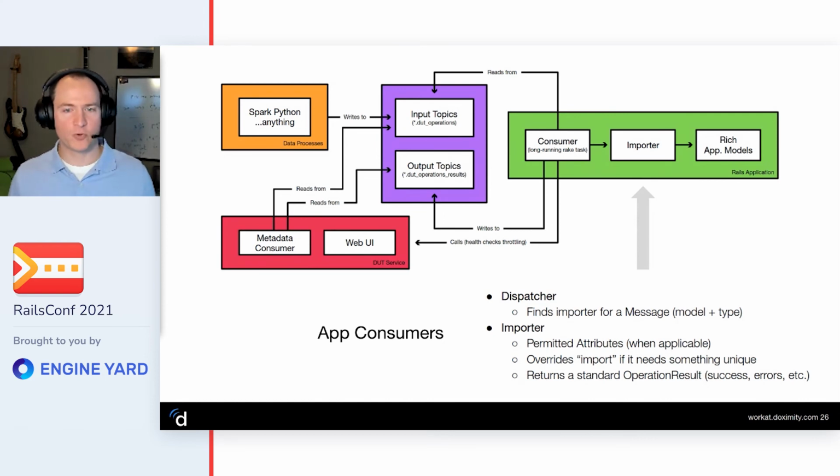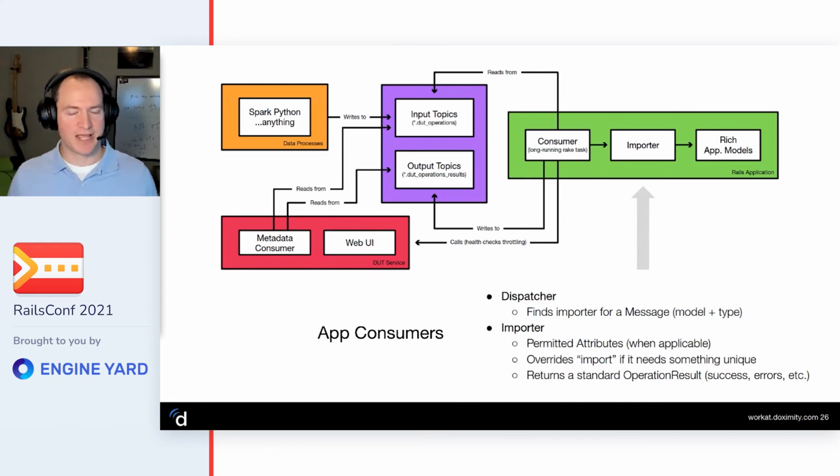And then for the importer, this is also implement what you need. Some of the things that have been important for us are permitted attributes, so specifying in advance exactly what is allowed to be updated through the system. You probably don't want admin flags to be toggled here, or maybe you do, but just whatever you need for your system.